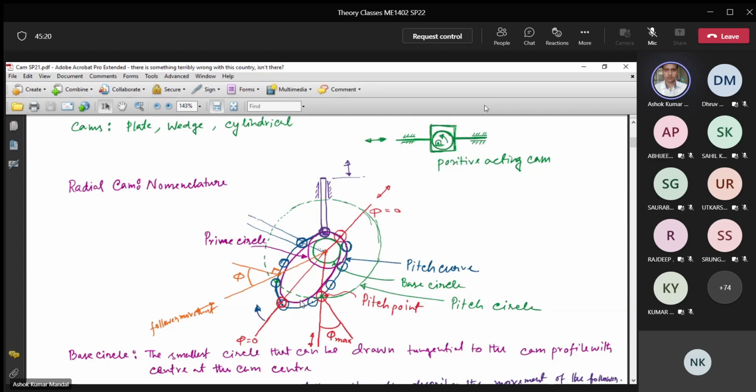But here again, this portion of the cam profile has a curvature whose radius is this only. Then when the follower is moving from this point to this point, again there will be no translational motion in the follower. And then when the follower is moving on this, it will go down, and there is the minimum position of the follower again. And that continues with each cycle.